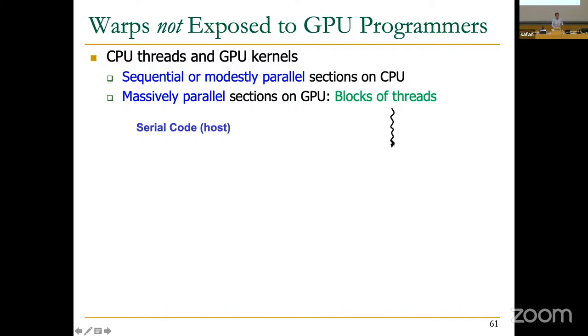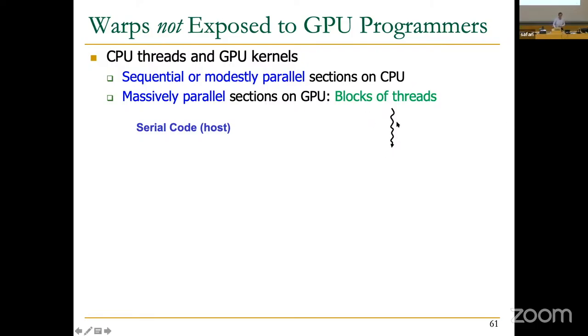So for example, if you have a serial code over here, 1 thread executing on 1 data element, and if you have a warp that's capable of executing 64 threads in hardware, your utilization, if you execute this thread on a GPU, is 1 over 64, right? 1 over 64 is a very small number. Your hardware is capable of executing 64 threads concurrently, but now you're executing only 1. So it makes sense to actually execute the serial code on the CPU host.